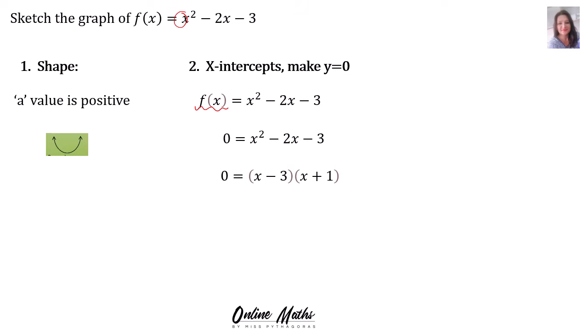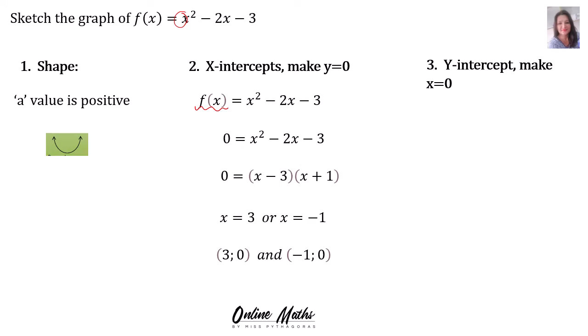When we factorize that, we end with x minus 3 bracket x plus 1. And then our two x-intercepts are x is equal to 3 or x is equal to minus 1. And remember, we always write them in coordinate form. Then it will be the points (3, 0) and (-1, 0).